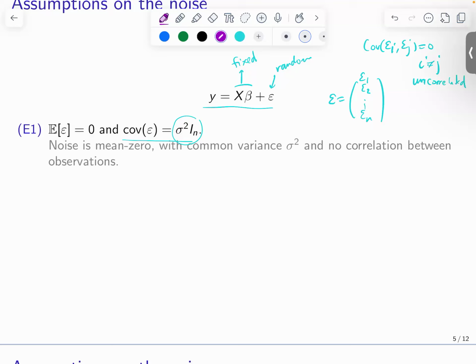Okay, good. And so these properties now tell me something about the vector y. Y is going to be random, because part of it is random. So it's going to have an expectation, and I can compute the expectation. So what is the expectation of y?